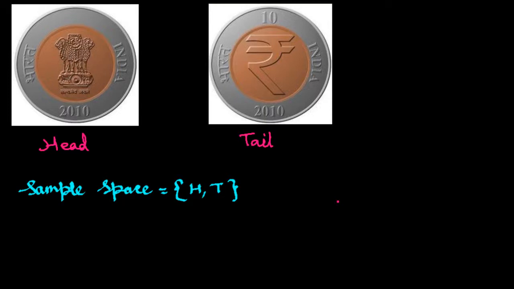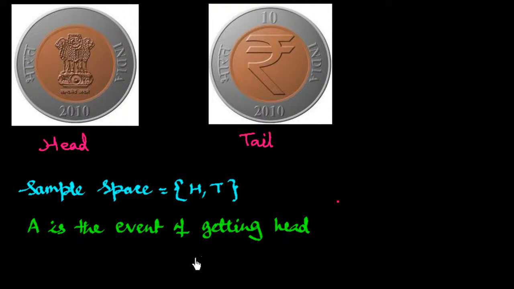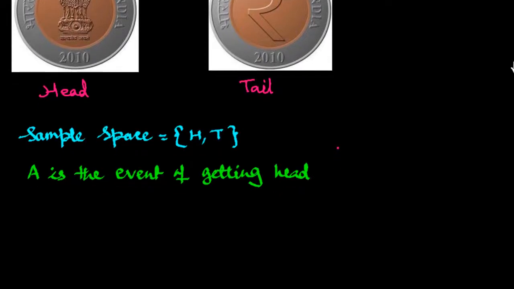Here I write, let A be the event of getting head. We have to find the probability of A. Probability of A is equal to number of favorable outcomes over number of total outcomes.